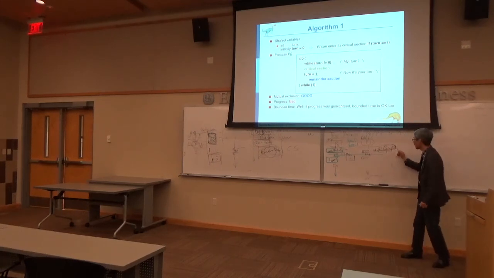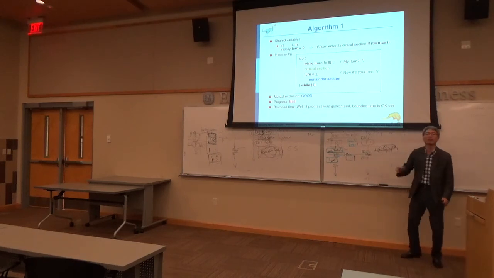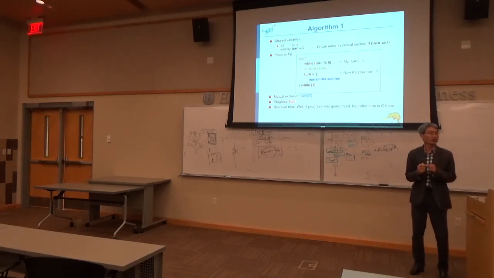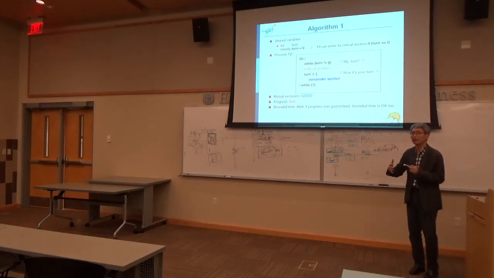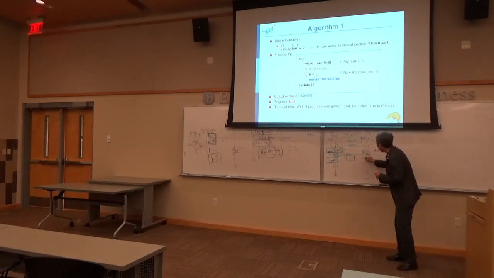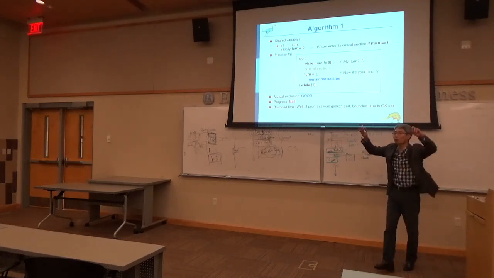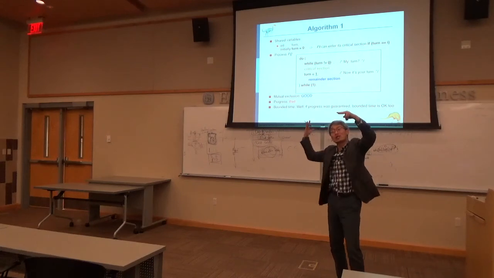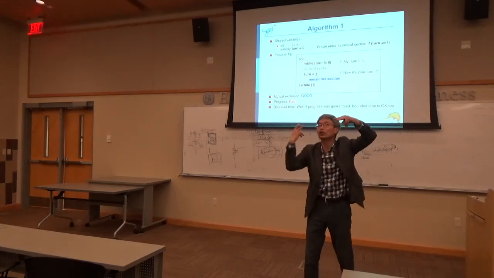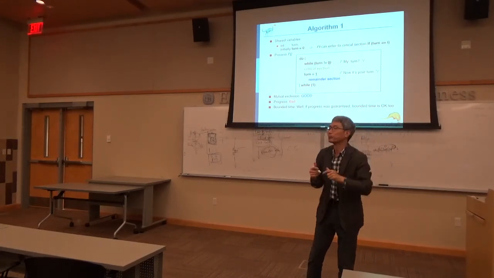False means out of the while loop, and it can enter the critical section with the data I. Then when this one is done, turn is equal to 0. It gives the key to the other, because we have only 2 processes. It's a first solution, so it's limited to 2 processes.